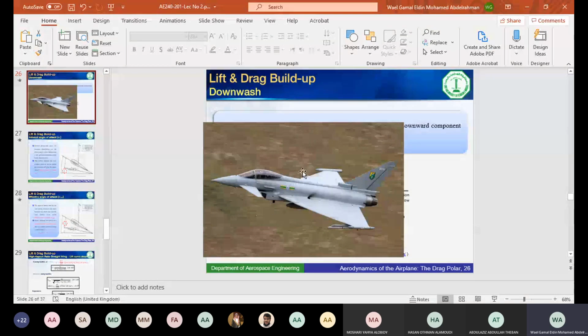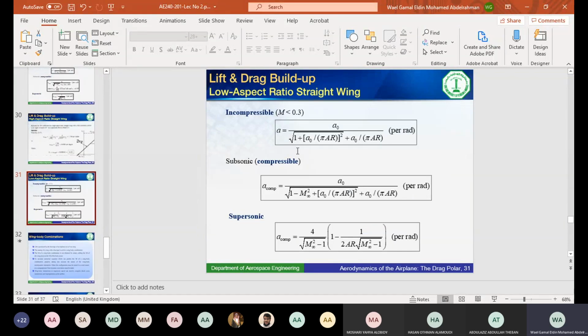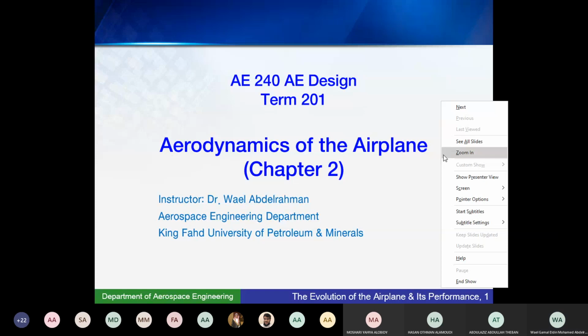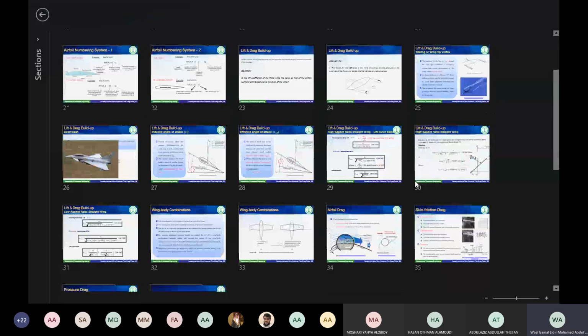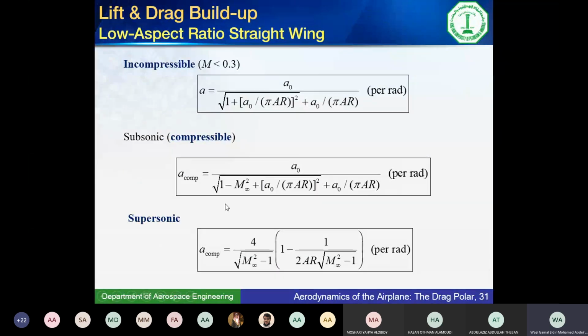For a low aspect ratio wing, aerodynamics is different. So the relationship between the 3D wing and the 2-dimensional wing is different. So let's look at one, it's going to be something like this.